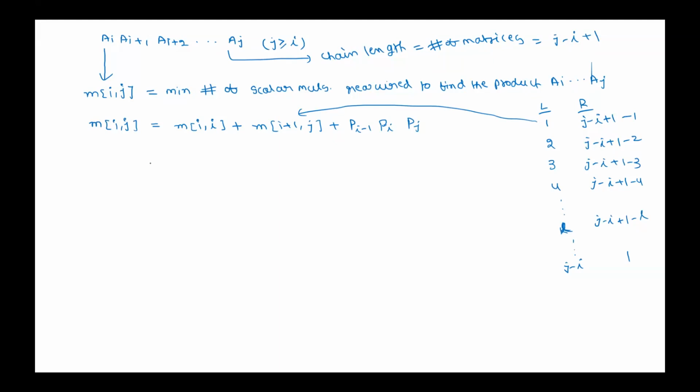Is that okay? Now, for example, if I have divided like this, Ai, A(i+1) and so on up to Ak on one side, and A(k+1), A(k+2) and so on up to Aj on the other side, in this case what is the answer?